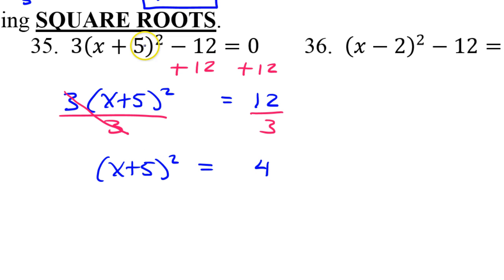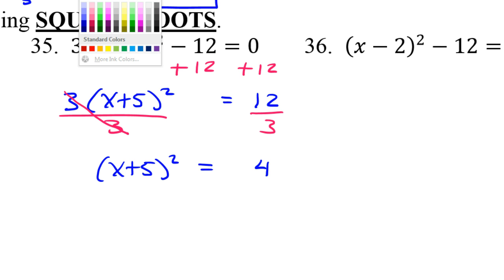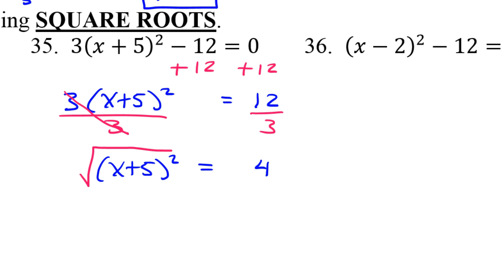Now I will unsquare this by taking the square root of both sides. I get that plus or minus. So that's going to give me x plus 5 is equal to plus or minus 2. Again, we're lucky enough to get a perfect square. That won't always happen, by the way.